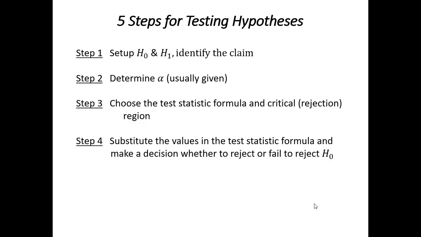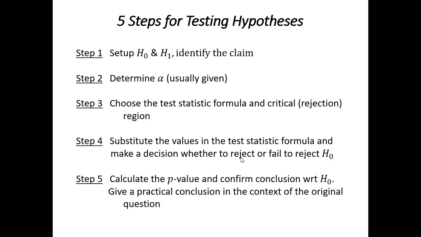Step 4 is to substitute the given values into the test statistic formula and make a decision whether to reject or fail to reject the null hypothesis. So your statistical decision is always in terms of the null hypothesis, and usually given in terms of we either reject or fail to reject the null.